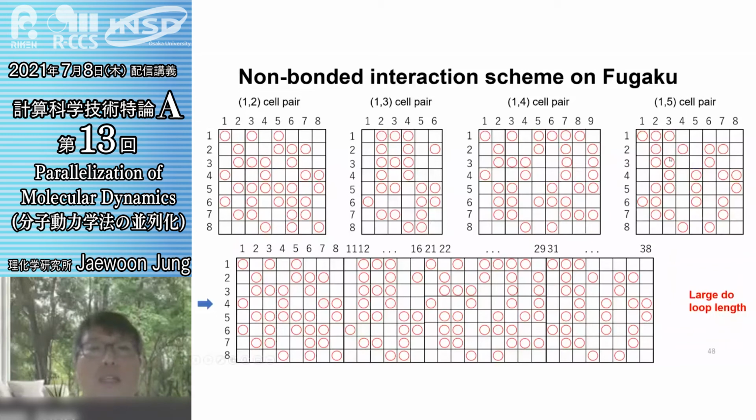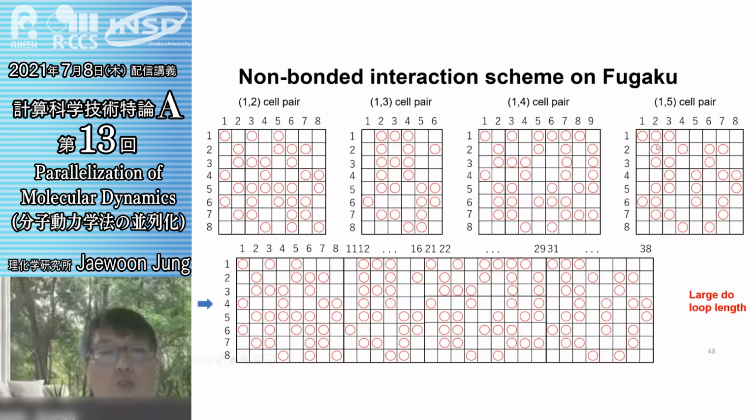But on Fugaku, in our case, we combine them together. And the first atom of the first cell has the loop of not only this, but also this one. So here, in the original program, the loop length of the first particle in the first cell in this interaction is 3, and so on.